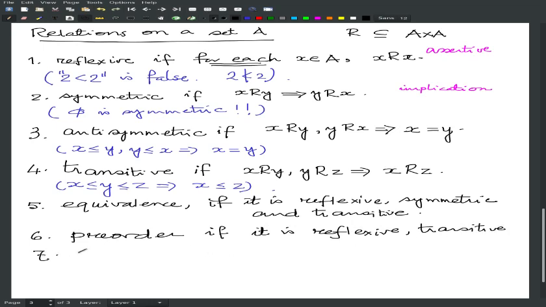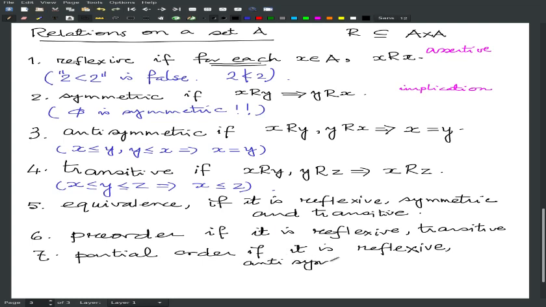And a partial order if it is reflexive, antisymmetric and transitive.